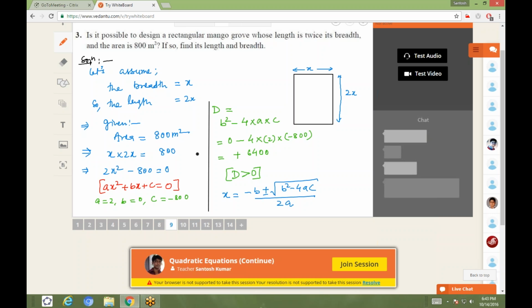Meanwhile, Chirag, Aditi, you both take the snapshot of this page. Mufassir, length will be 40 meters and its breadth will be 20, because as you got 80 and 40, if you find the area of it, it will not be coming as 800 meters square.